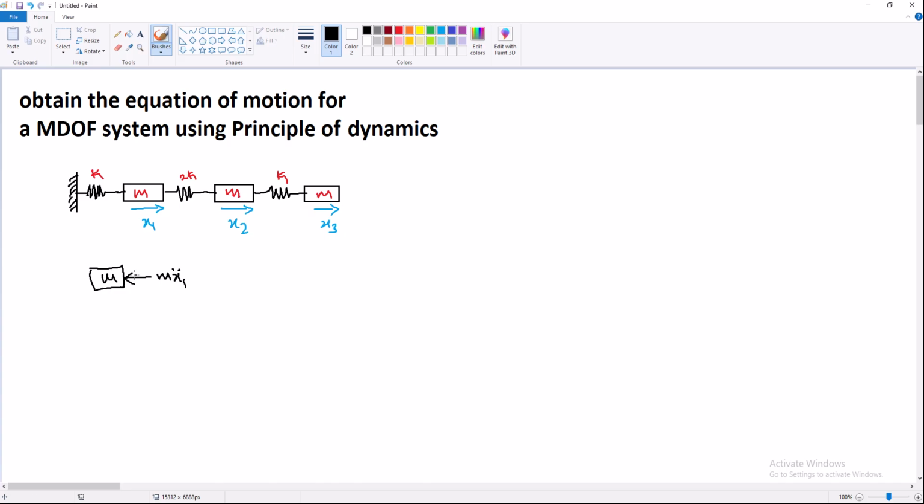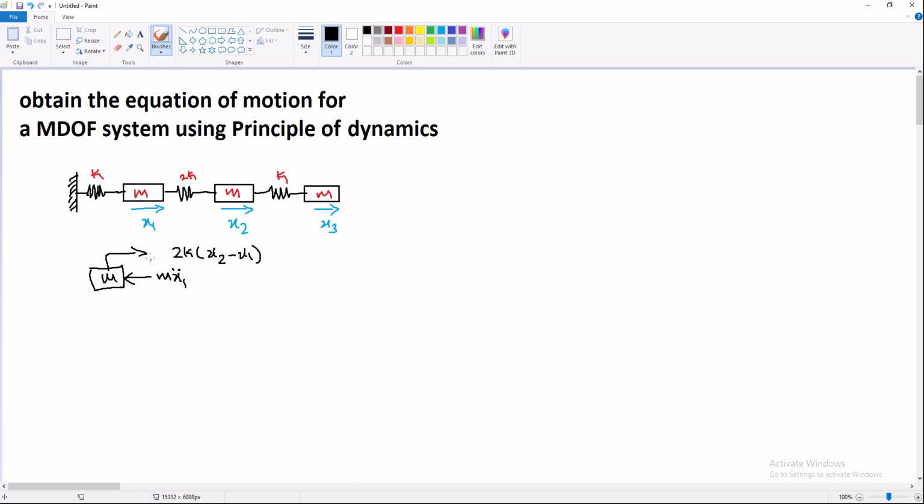In this direction the acceleration is there, and opposite to that we have the stiffness force from the difference between the two displacements, which we can write as 2k times (x2 minus x1).